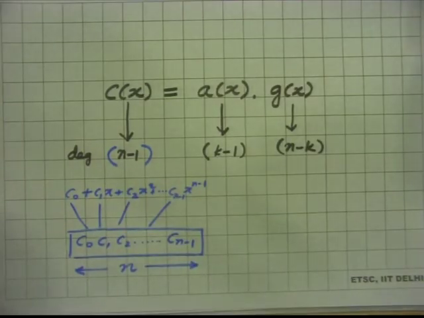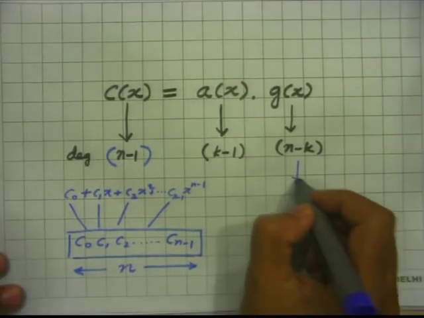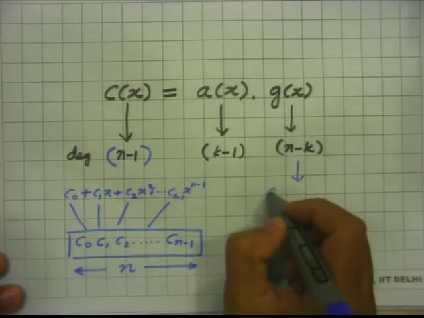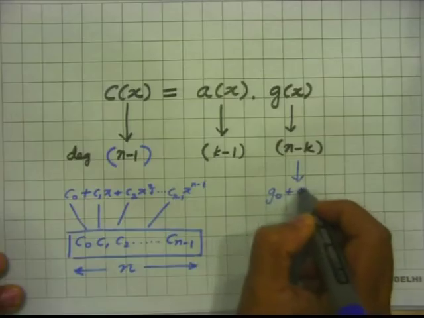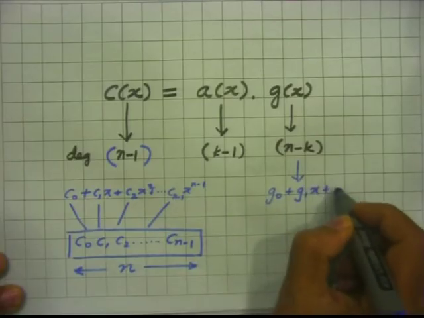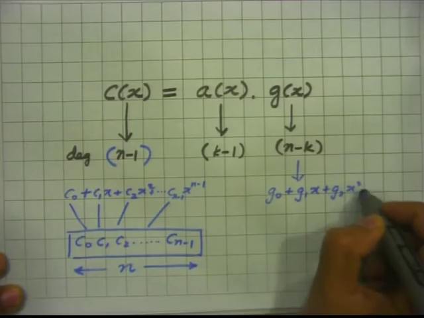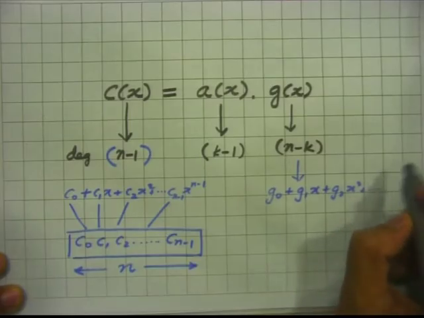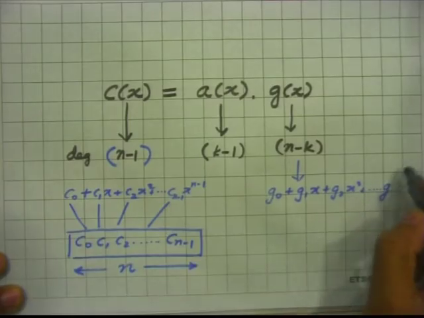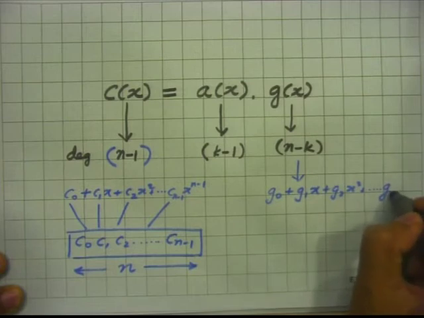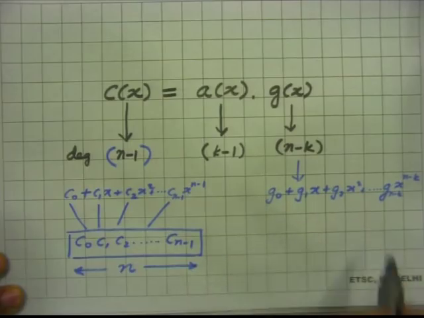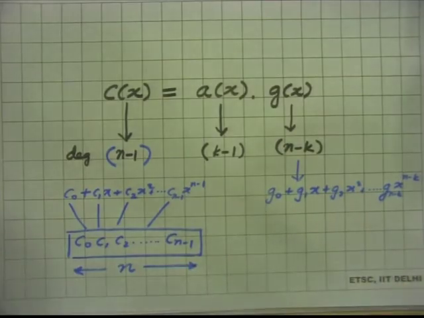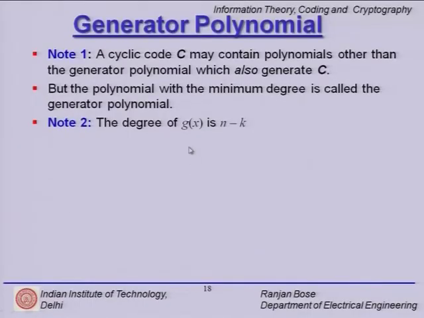So, consequently, we should be able to write in general g0 plus g1 x plus g2 x squared and so on and so forth till g(n minus k) x^(n minus k). So, we come back to our slides and we note that degree of g(x) is n minus k.